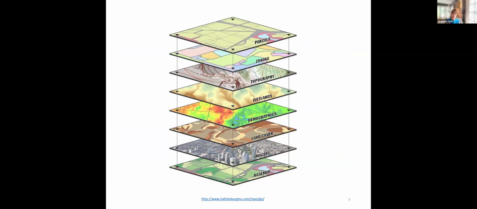So GIS can incorporate anything with location. This is just a really quick graphic, some of it more like human and natural environment sorts of data, but really anything about the social or natural environments can be a layer, as well as anything about your patients.